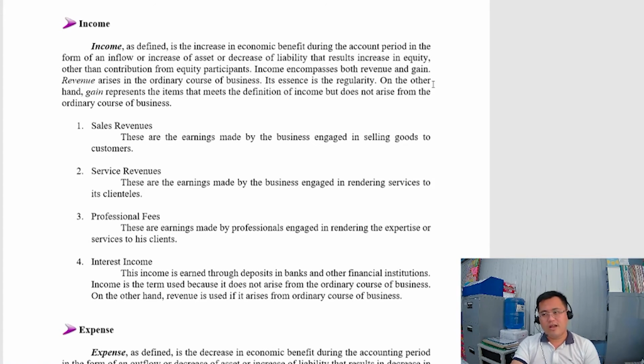Okay? Because you deposited that amount of money and the bank agrees that it will give you income in the form of interest, your bank account was increased by 100 pesos through the income given by the bank. But that 100 pesos does not come from your business, which is your normal operations.